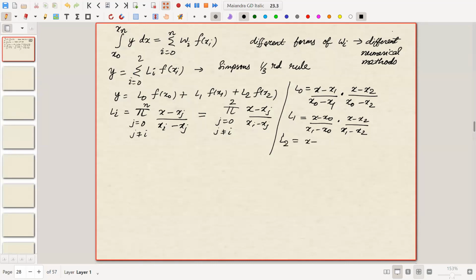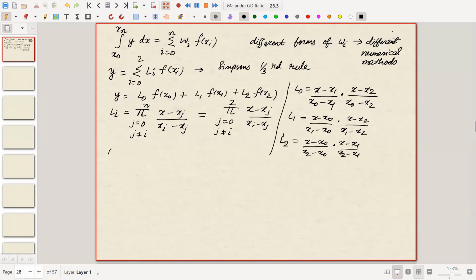L2 is again x minus x naught by x2 minus x naught times. Any issues? So you now know L0, L1, and L2.